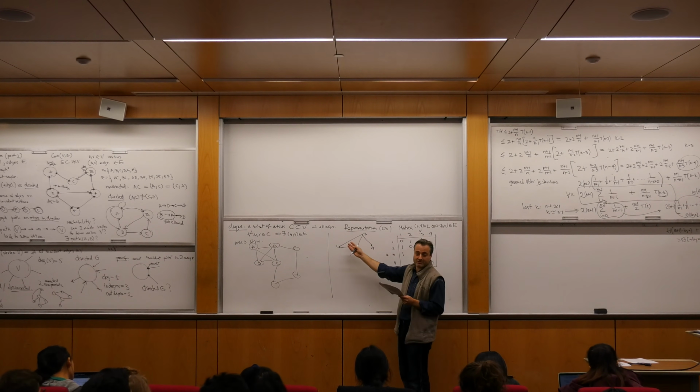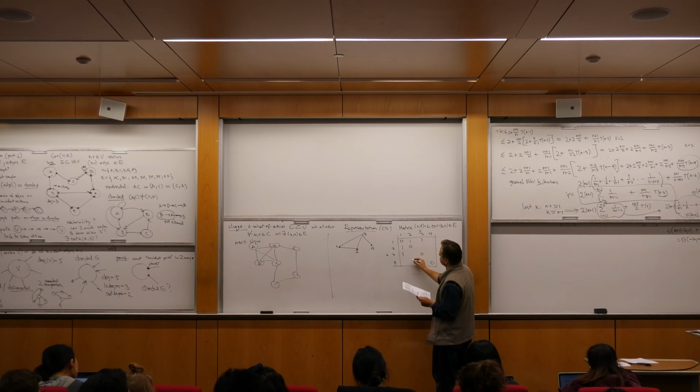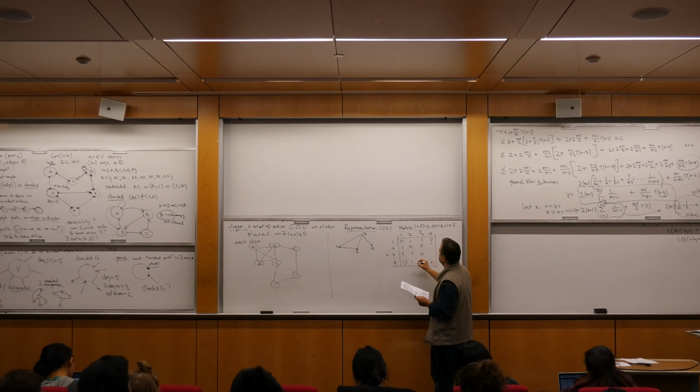Again, in an undirected graph, if there's an edge that way, there's automatically an edge the other way. And then what else do I have? 2, 4, that's in here. And 4, 2, that's in here, right? And 4, 1, that's not connected. 2, 3, that is connected. 4, 2, that's not connected.